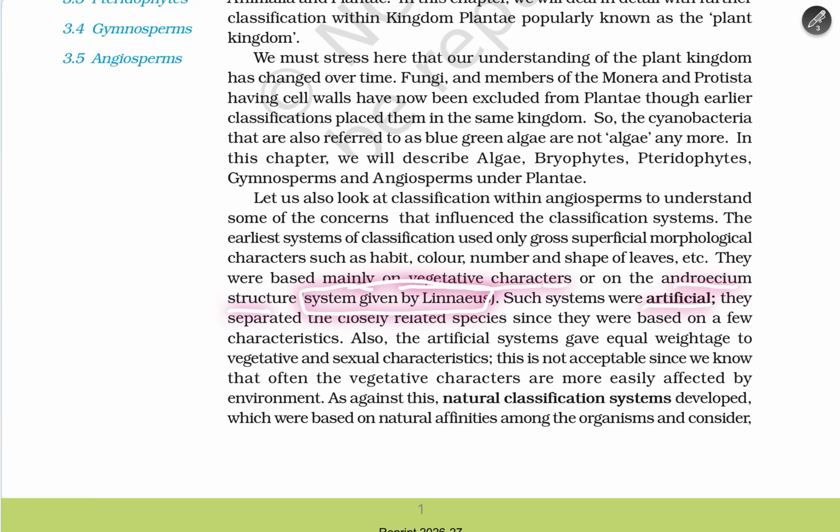Such systems are artificial. They separated closely related species since they were based on few characteristics. Also, artificial systems gave equal weightage to vegetative and sexual characteristics. It's not acceptable since we know that very often vegetative characters are more easily affected by the environment.